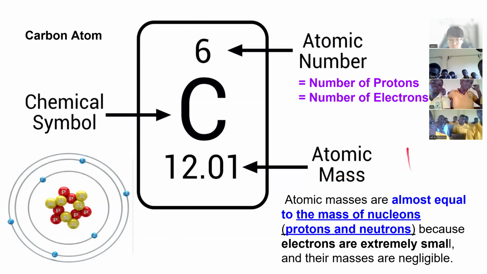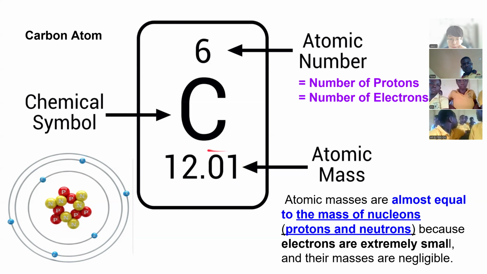And this atomic mass is almost equal to the mass of the nucleons, which is the number of protons and number of neutrons combined. So we add 6, and then if we have another 6 neutrons, it would make up 12 atomic mass units.